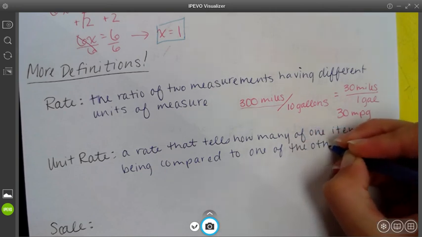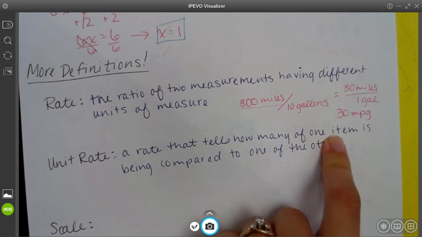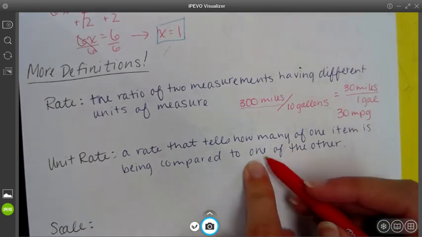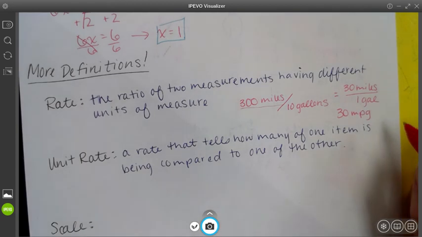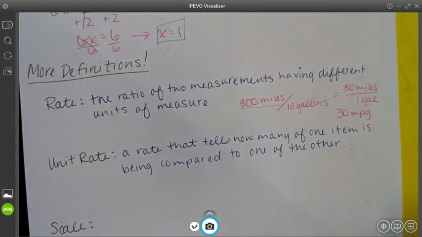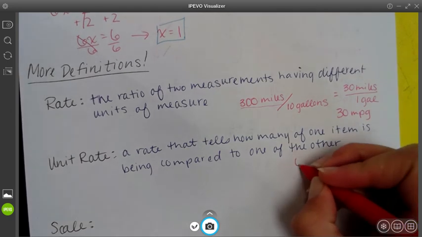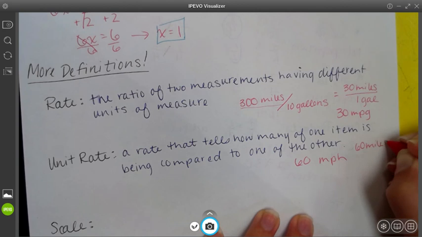With my miles per gallon, it's telling me how much of one item, so how many miles, is being compared to one item of the other, so 1 gallon. You might think of this as miles per gallon. You can also think of miles per hour, right? If you do 60 miles per hour, you are going 60 miles in 1 hour.